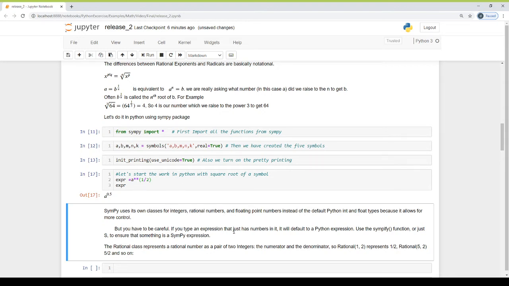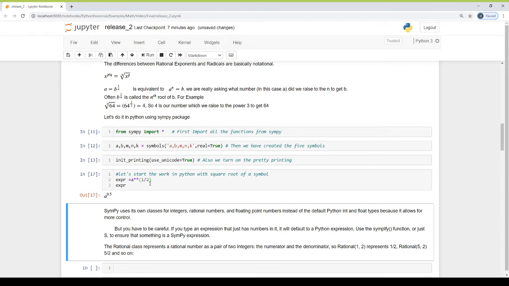Simple, but you have to be careful. If you type an expression that just has numbers in it, for example here 1/2, it will default to a Python expression. So Python will come into play before SymPy and 1/2 is converted into 0.5. But we want it here as a raised to the power 1/2.